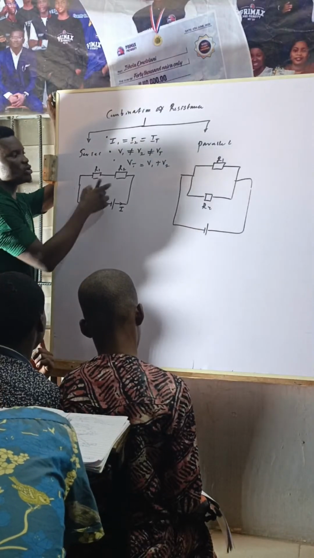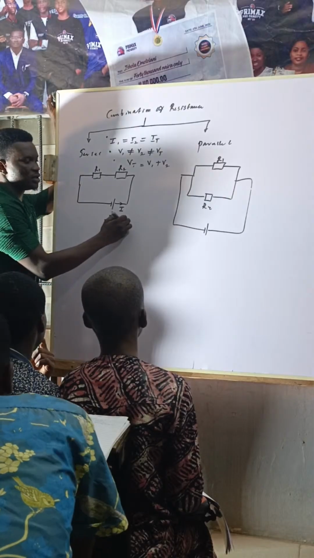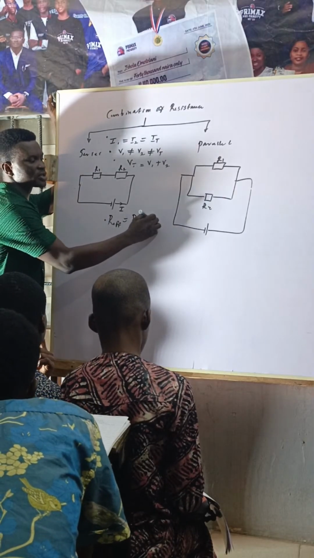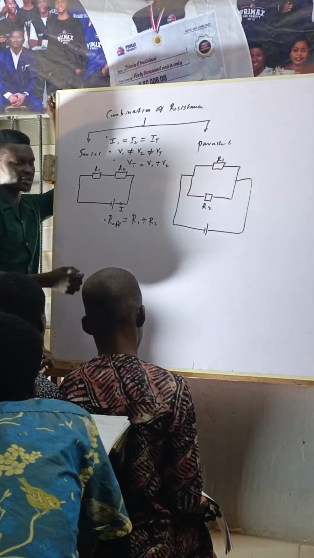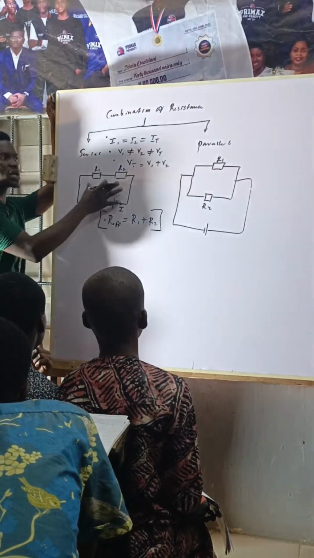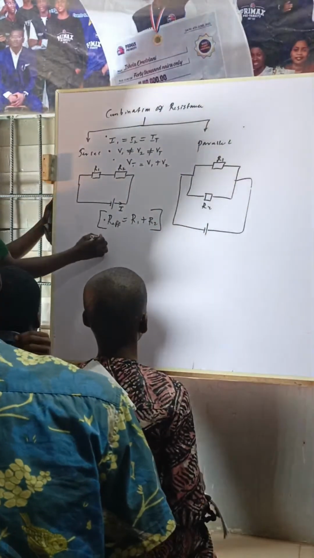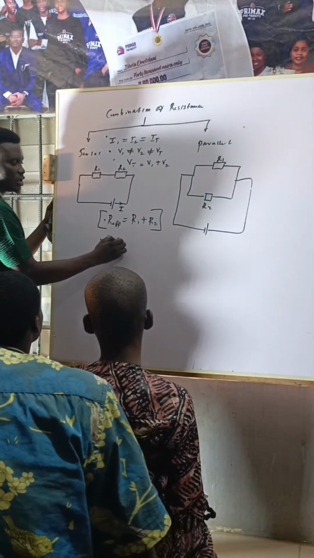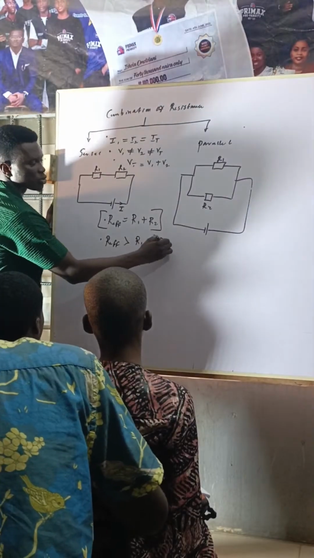So when you connect resistors in series, effective resistance is always given as R1 plus R2. It's the opposite of capacitors. If you derive it yourself, you will get this. So when you connect them in series, R effective is going to be greater than R1 or R2.